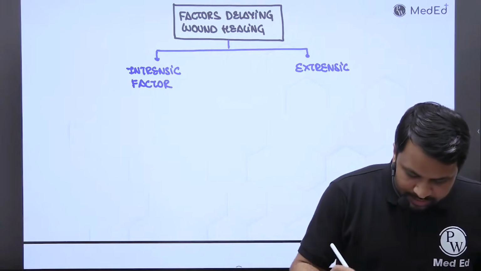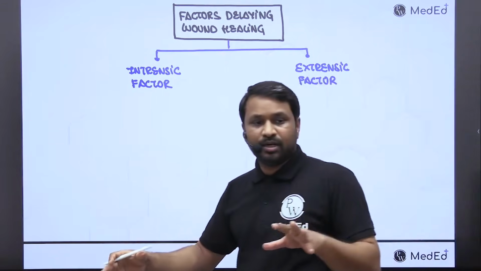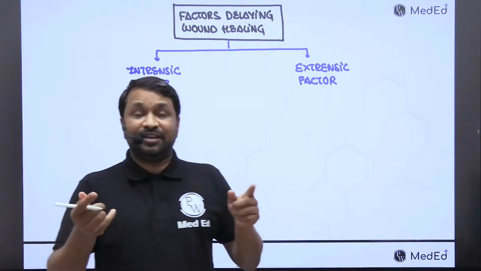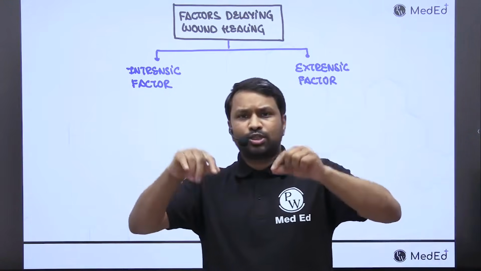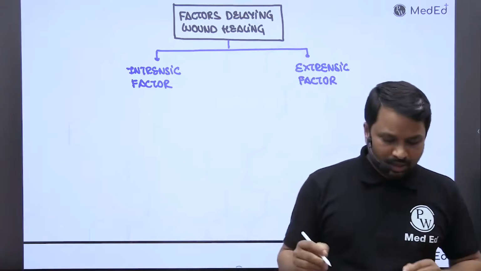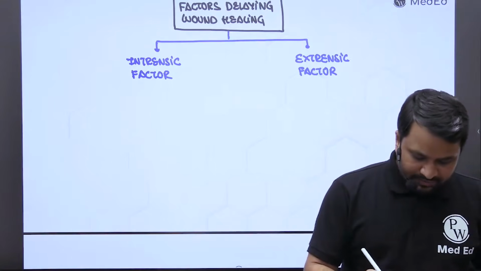What do you mean by intrinsic and extrinsic factors? Just for an easy way to remember it, intrinsic factors are localized to the wound site. Extrinsic factors are not localized to the wound site, but are present in the body as a systemic cause, right? Now when you look at the intrinsic factors, what are the examples?